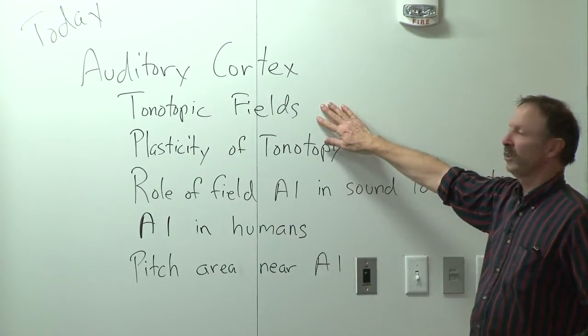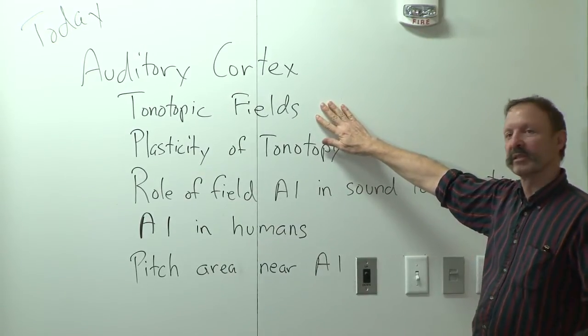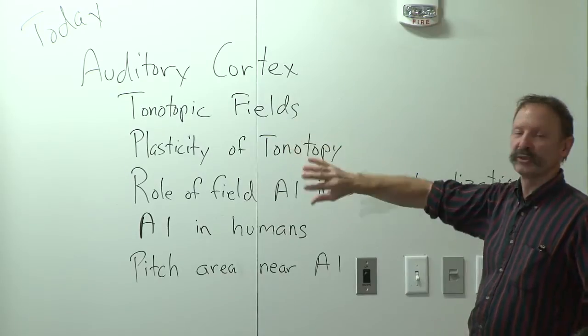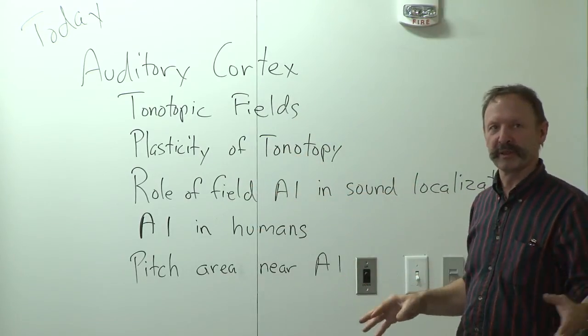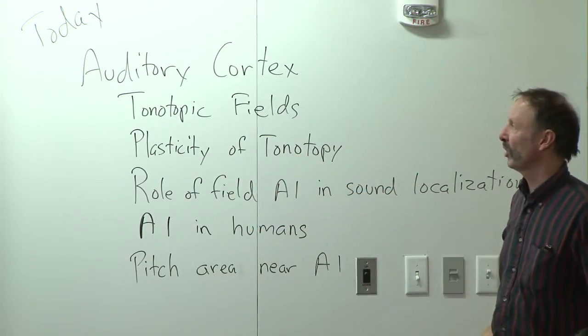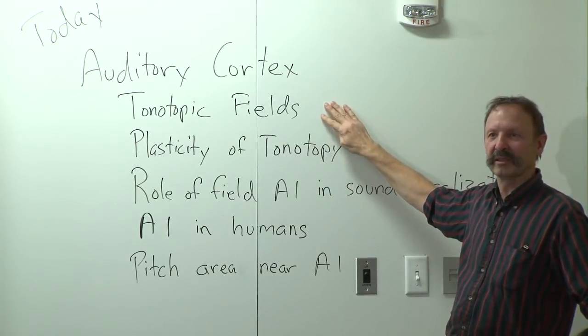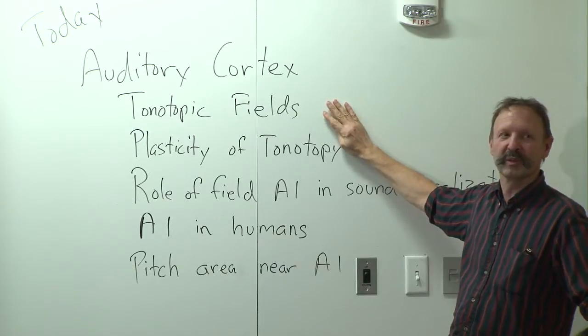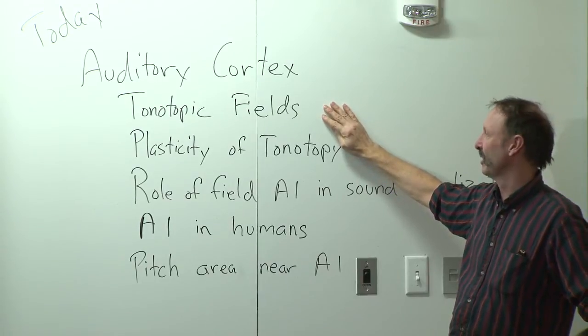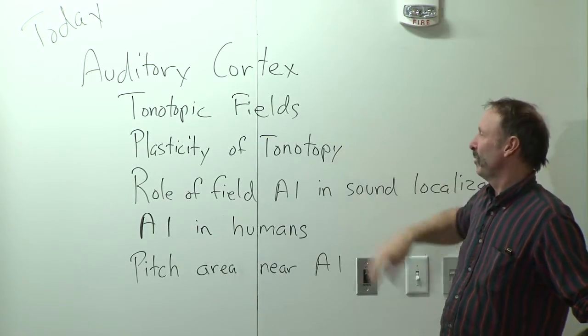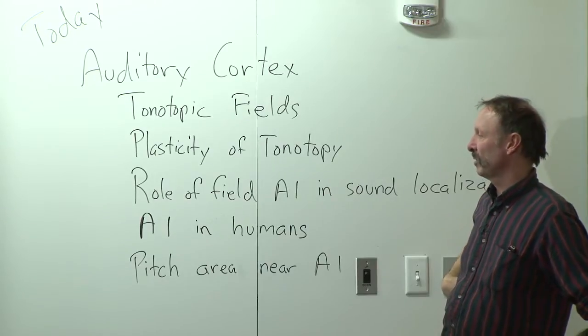Because there are many fields, the obvious question is, well, what does one field do in your sense of hearing, and what does another field do? And we're generally not able to answer those questions. I like to think that there are Nobel Prizes waiting to be earned in this area, as that function is worked out for each of the fields.